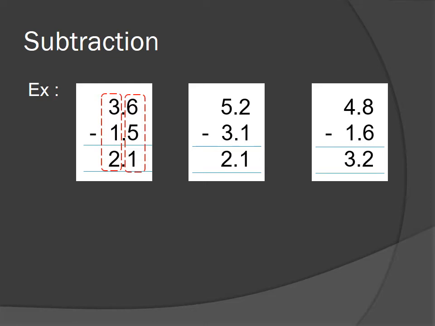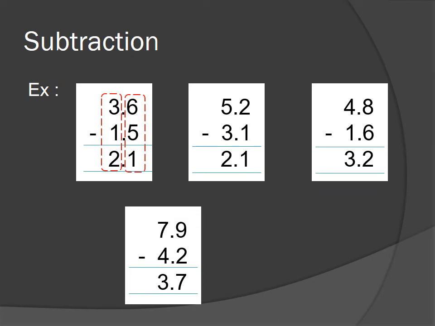Next question. 4.8 minus 1.6. 8 minus 6 is equal to 2. 4 minus 1 is equal to 3. 7.9 minus 4.2. 9 minus 2 is equal to 7.